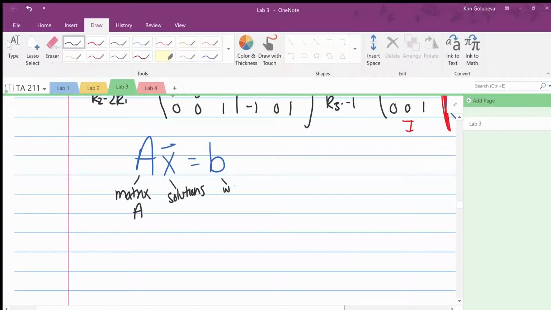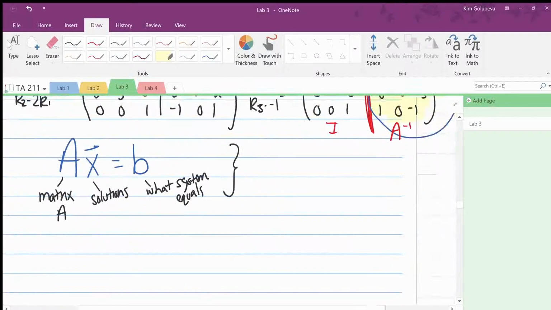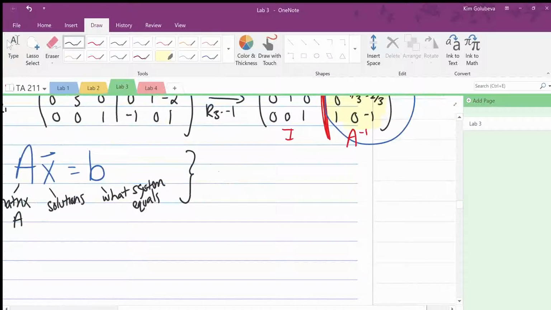I don't want to confuse anybody, so I'm just going to write something like, let's say 2x plus 3y equals 4, and let's say negative x plus 4y equals 7.